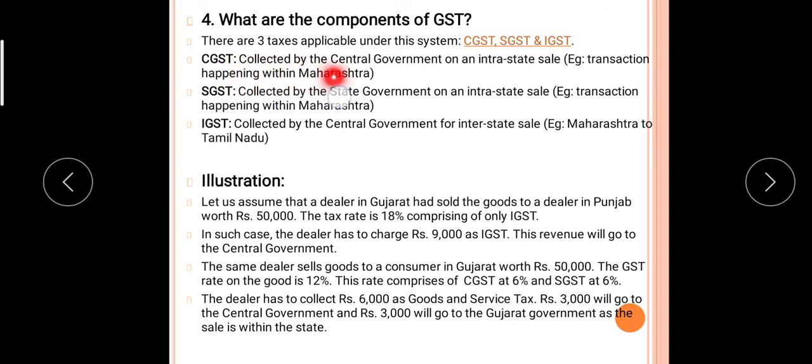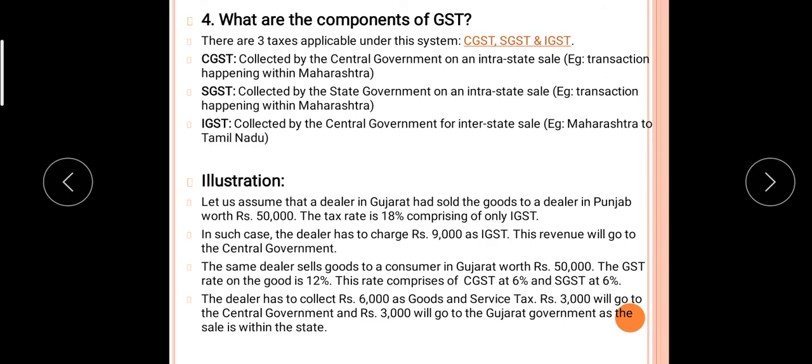CGST means it is collected by the central government. Whatever amount we are paying as GST is collected by the CGST, that is the central government, on intrastate, that is a transaction happening within Maharashtra, within a state. Intrastate, I told, no, within a state.